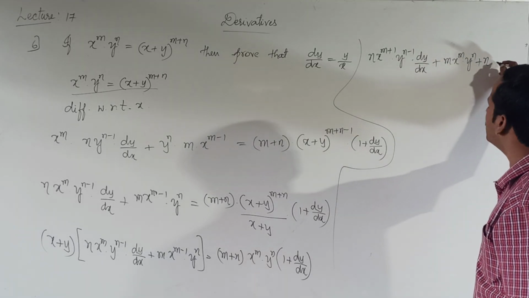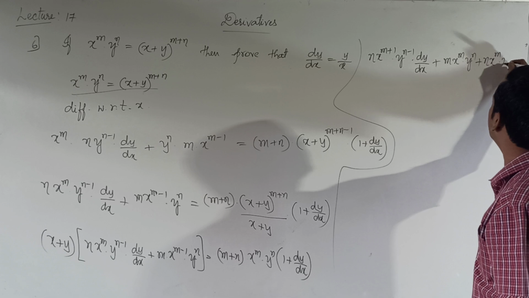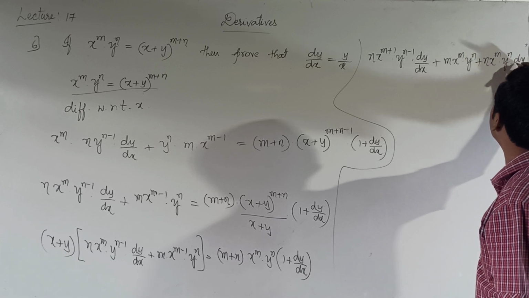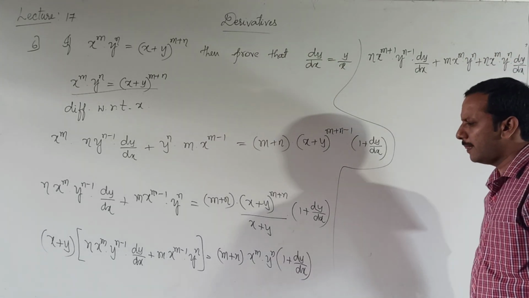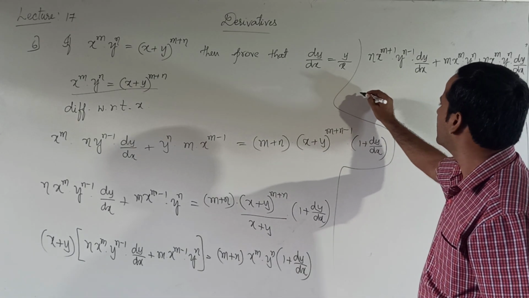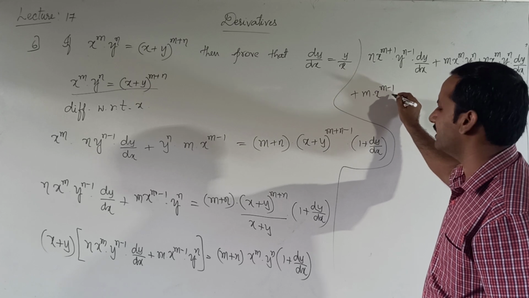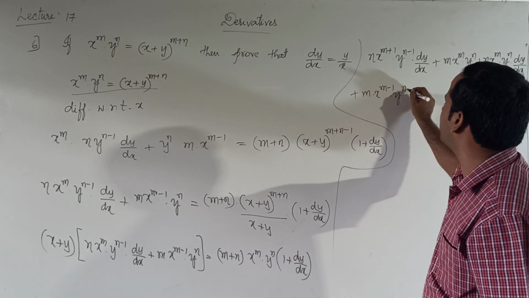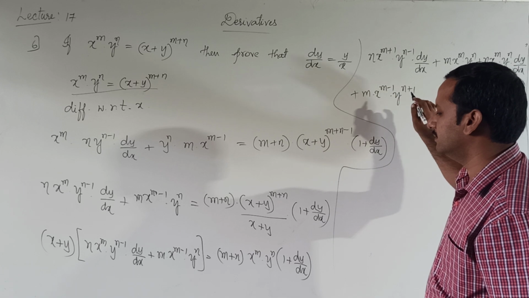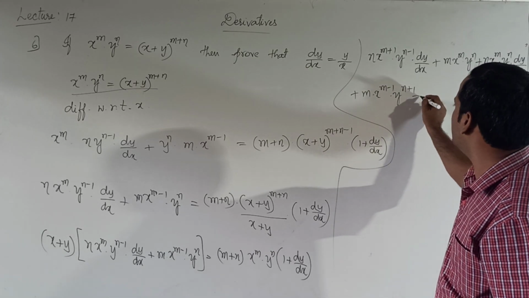So n into x power m into y power n into dy by dx plus m into x power m minus 1 into y power n plus 1, okay, is equal.